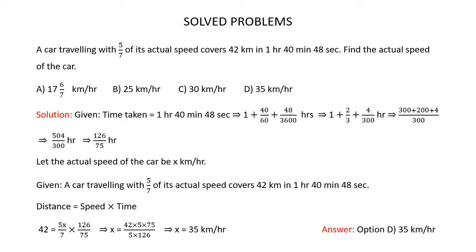Substituting the values of distance, speed and time in this formula, we get 42 is equal to 5x divided by 7 multiplied by 126 divided by 75. On solving this, we get x is equal to 35 kilometers per hour. That is, the actual speed of the car is 35 kilometers per hour. So the correct answer is option D, 35 kilometers per hour.